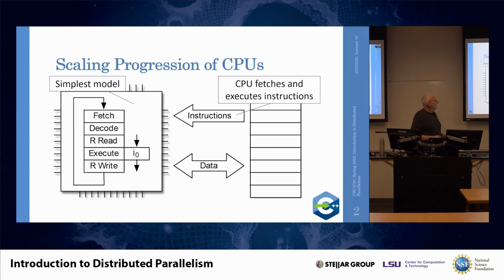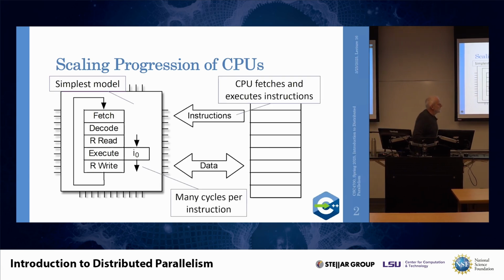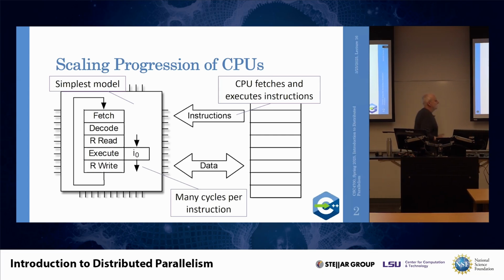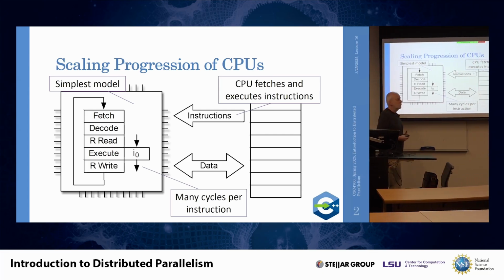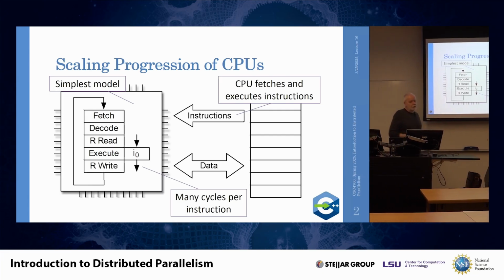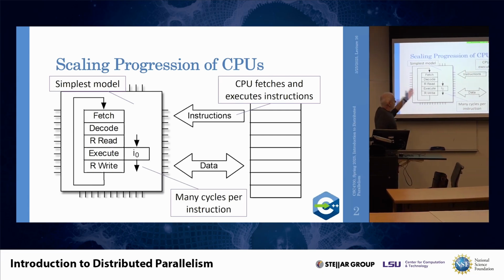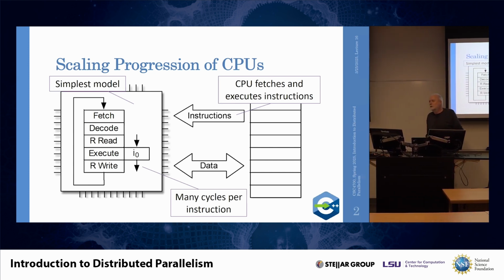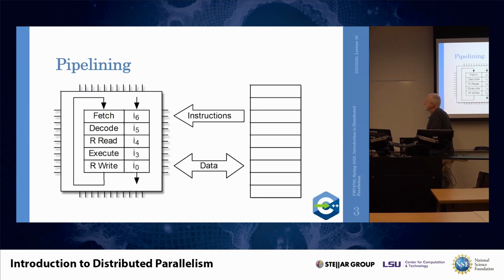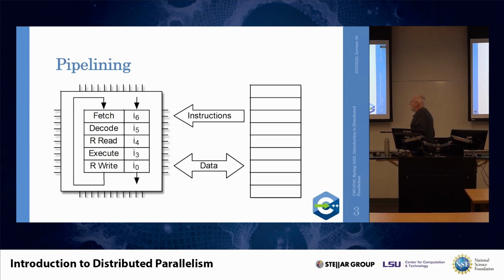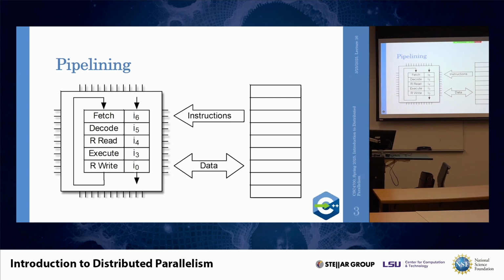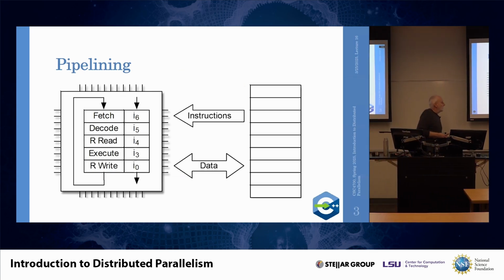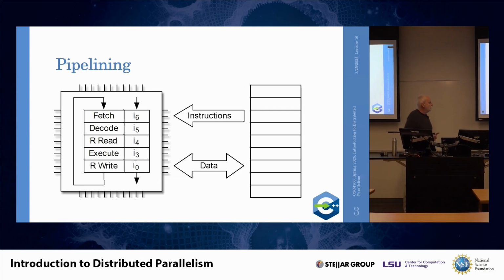So it's very simple: the CPU fetches and executes the instructions, and each of the instructions takes many cycles on the core. At that point, it worked very well because the clock rate of the CPU was comparable to the access speed the memory could provide. Cores evolved. The first thing that was added was pipelining for the instructions, because people added more and more transistors to the silicon and they wanted to speed things up.